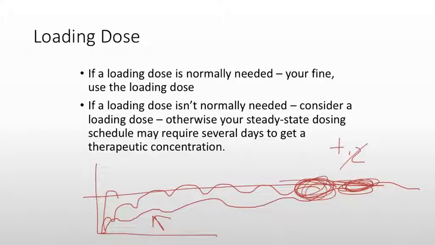But you have to be very careful. The recommendation is, if there's normally a loading dose, fine, do a loading dose like you normally would. If there's not a loading dose, consider doing a loading dose. Especially if somebody has renal or hepatic failure, that means you're going to have to extend the dosing interval.